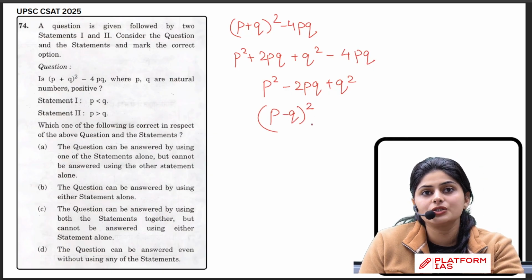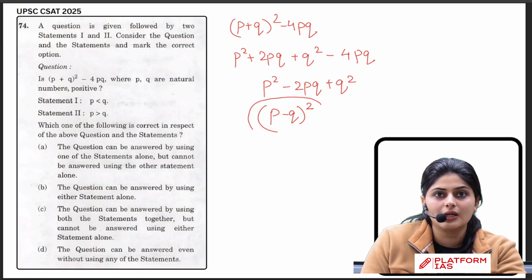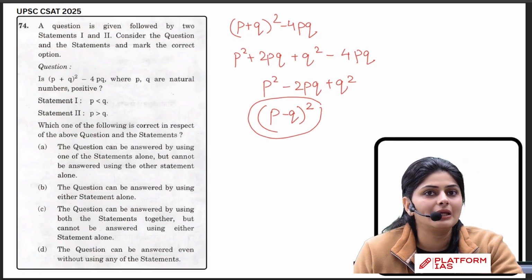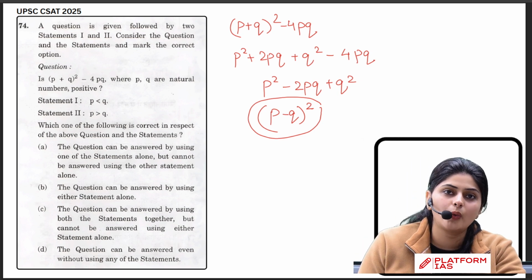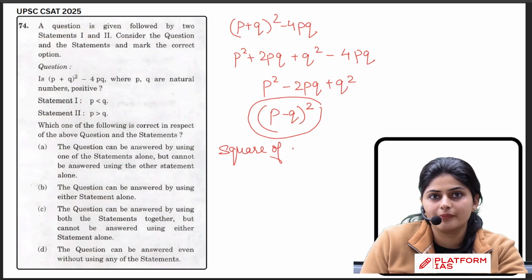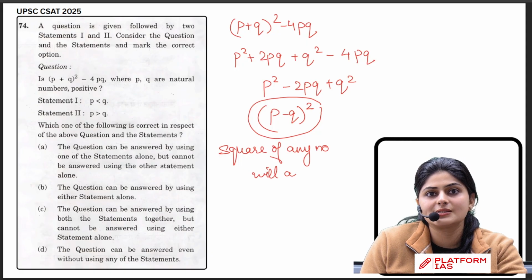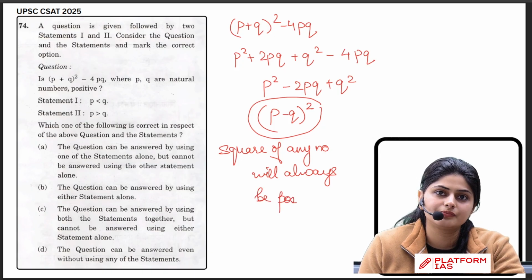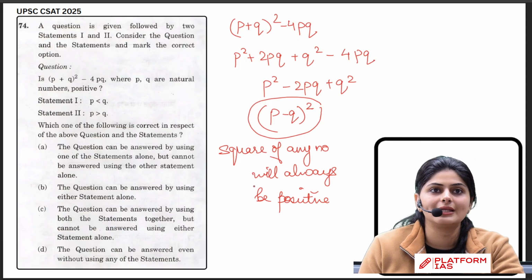Now (p minus q) whole square is a square of a number. Can a square of a number ever be negative? No. The square of any number will always be positive, irrespective of what the number inside is.